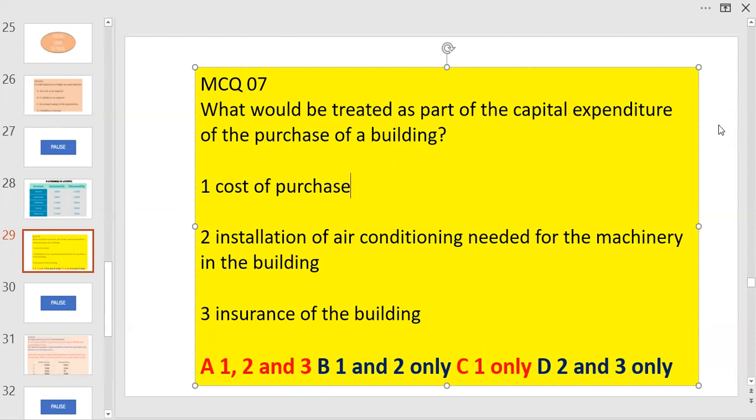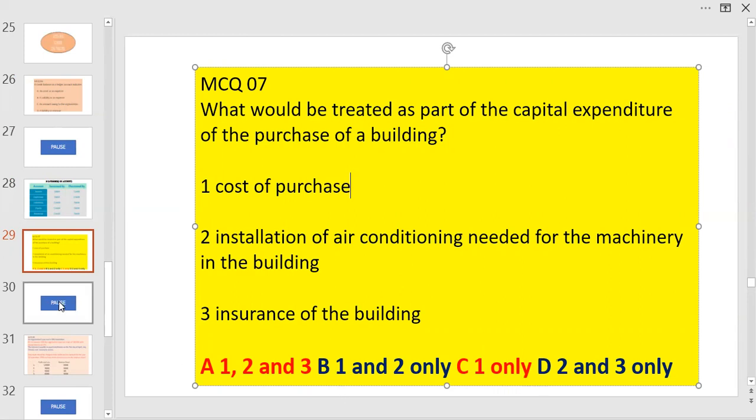So that is also a part of capital expenditure. The third one, insurance of the building. This is only a revenue expenditure because every year you will have to renew your insurance. Therefore, the answer should be B, 1 and 2 only.